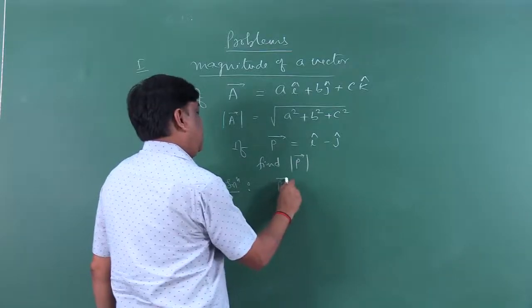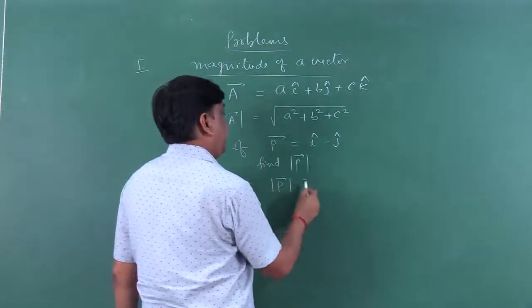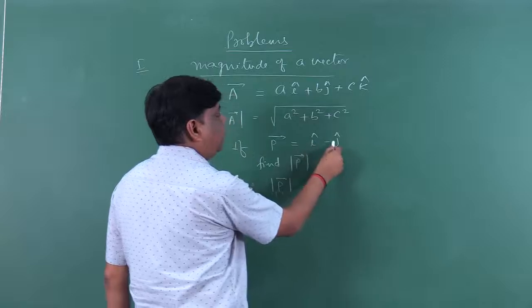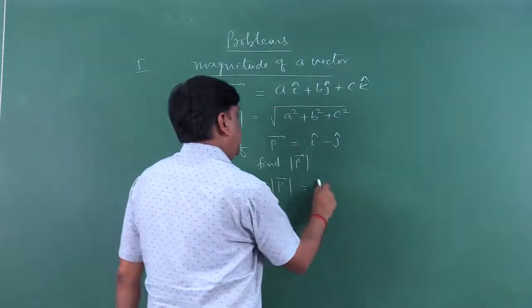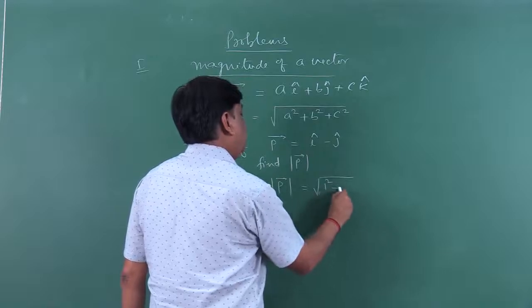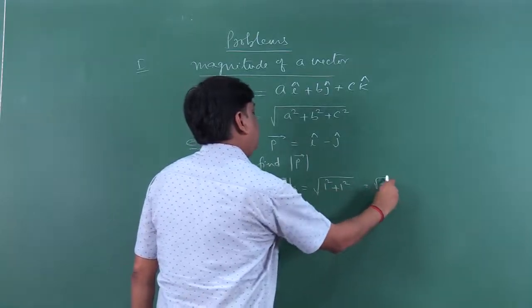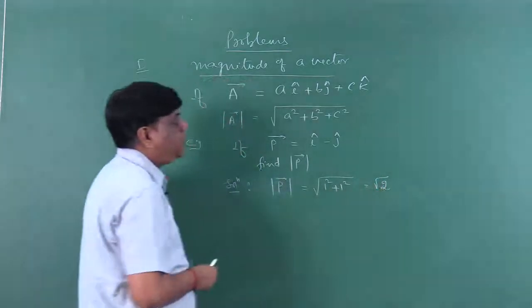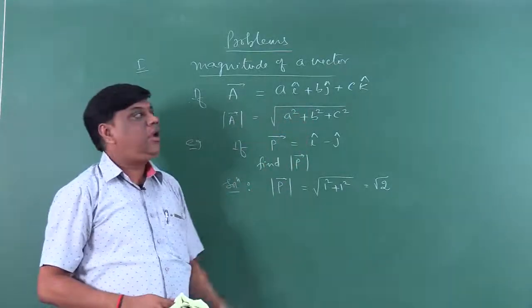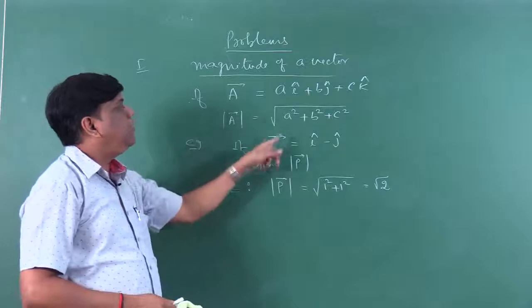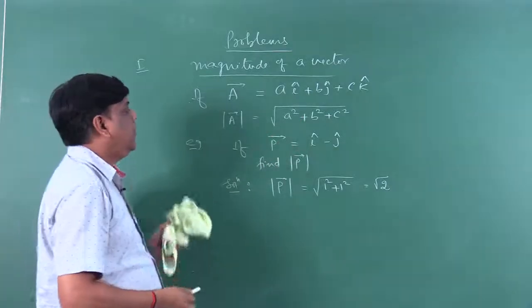So magnitude of P simply we can write, coefficient of i cap is 1 and coefficient of j cap is minus 1. So we can straight away say it is equal to root of 1 square plus 1 square, and the magnitude is root 2 units. So in any case, whenever the vector is represented in this form, the magnitude will be given by this relation. Correct?